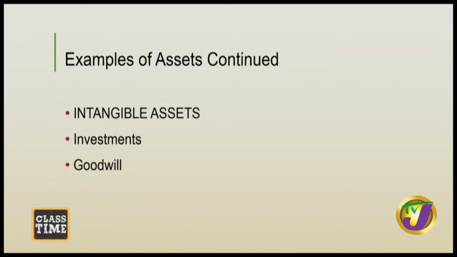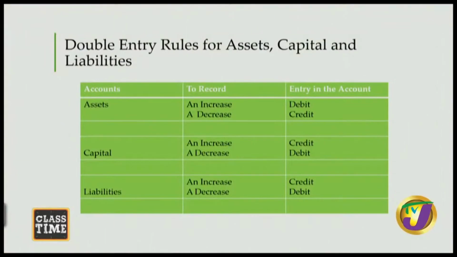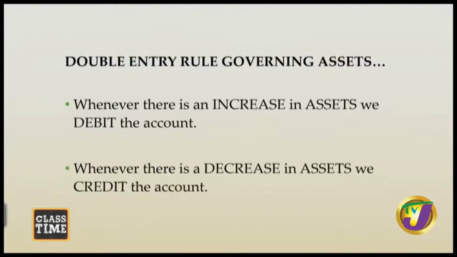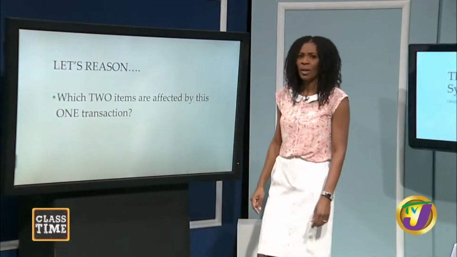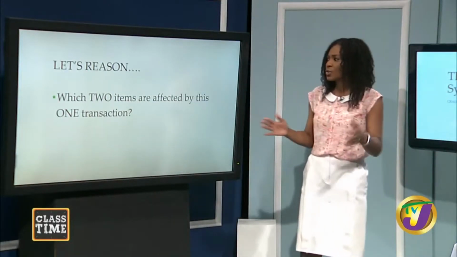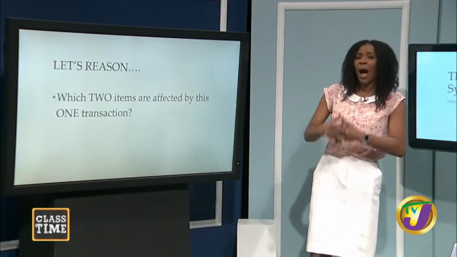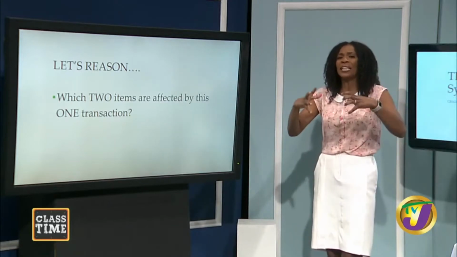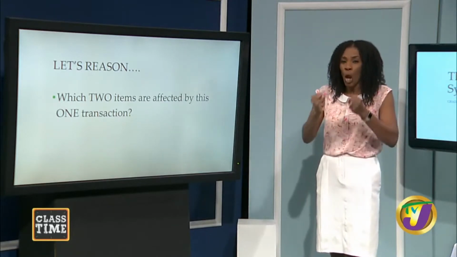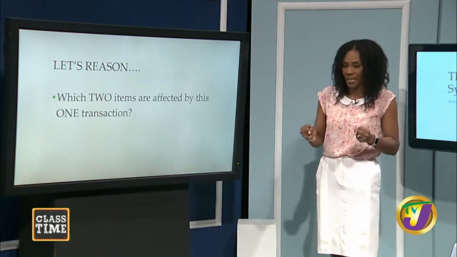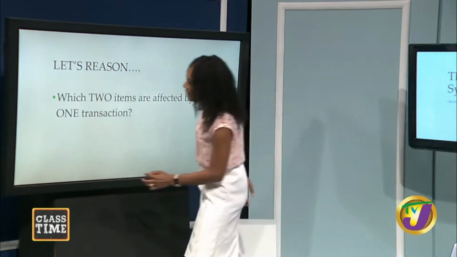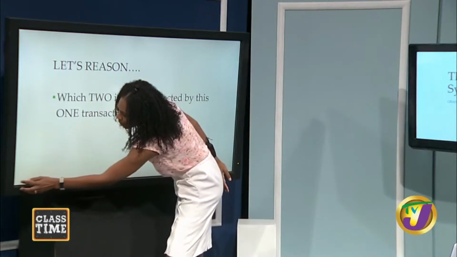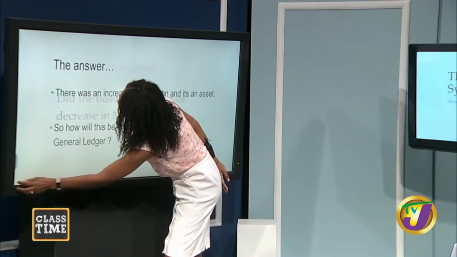But let's just go back a little to our fixed assets. Our fixed assets, students, are really those that will remain in the business for a relatively long period of time.